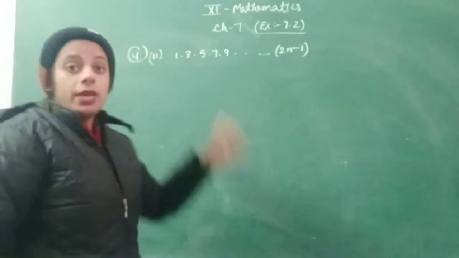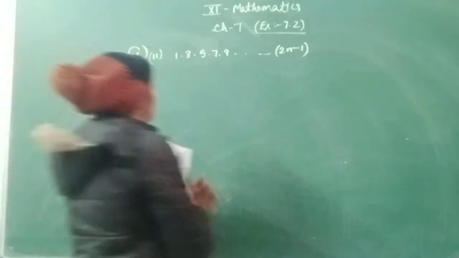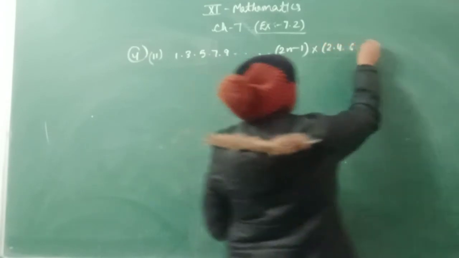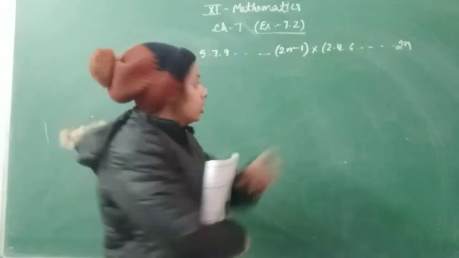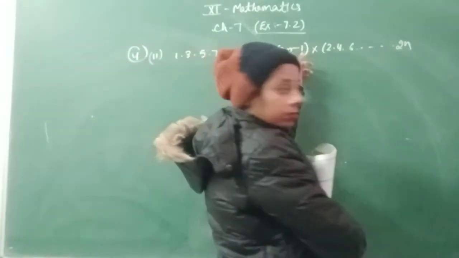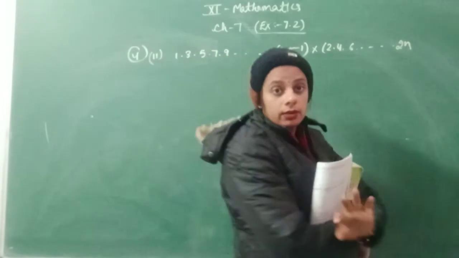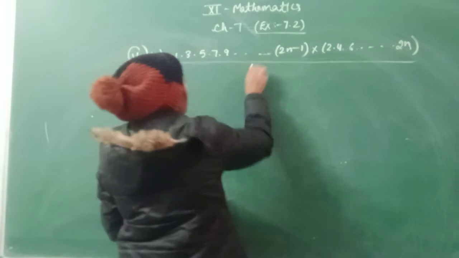Okay, and to make this series complete, I need all the even numbers. So we need the product of even numbers, that is 2, 4, 6 up to the last one, 2n, because 2n minus 1 is there. So this is the odd number. So the consecutive greater even number will be 2n. Clear? So I am multiplying with this term, so I have to divide with this term also.